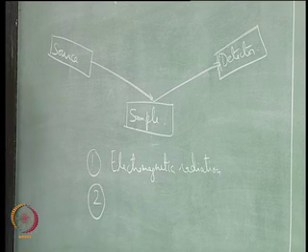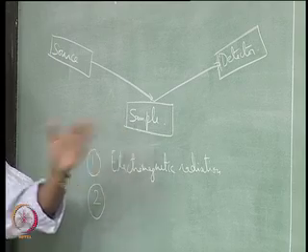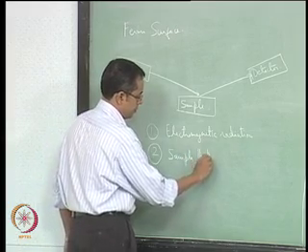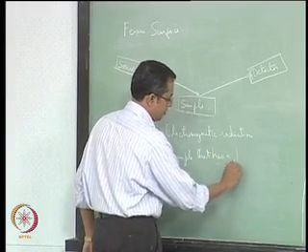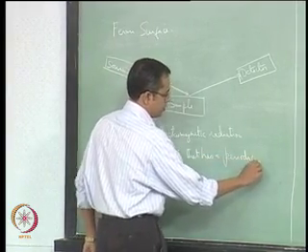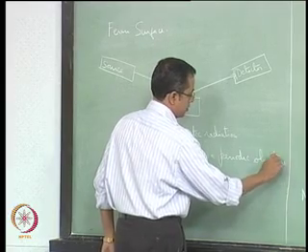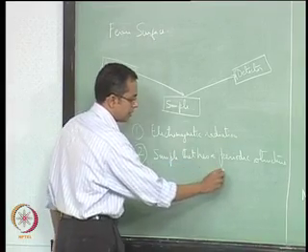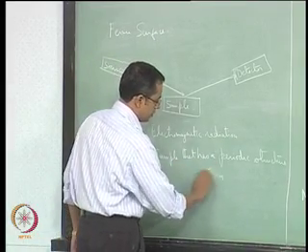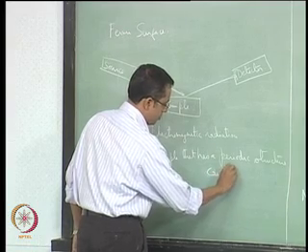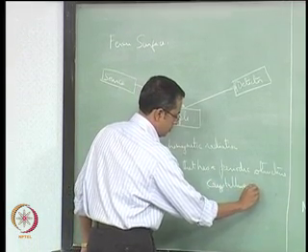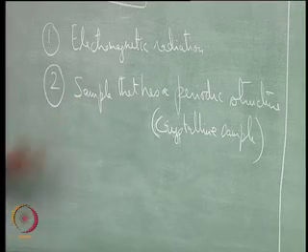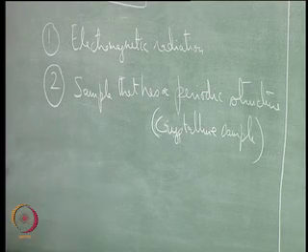Second, you need to have a sample that has a periodic structure, and therefore we are basically talking of some crystalline sample. Okay, so we want a crystalline sample, right.